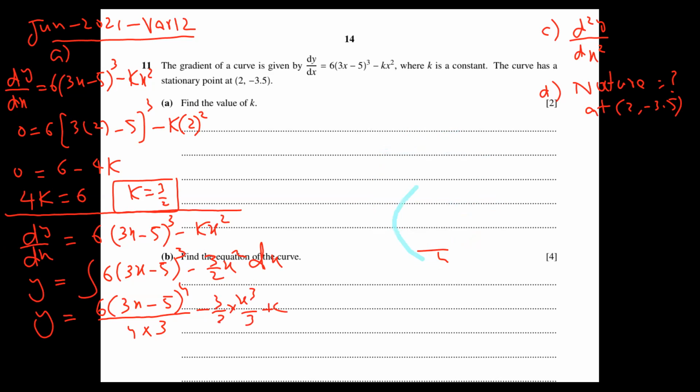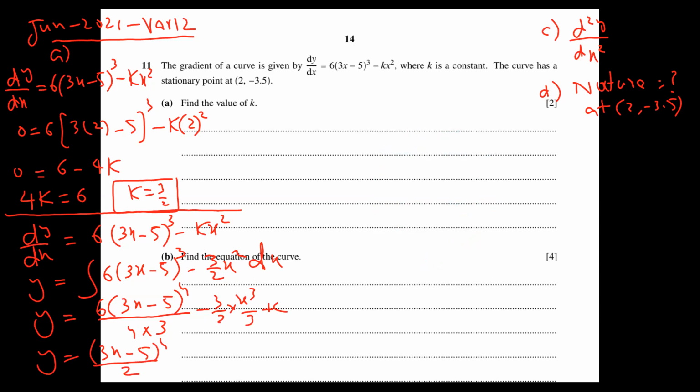So this 4, or you can say 3 1s are 3, 3 2s are 6, and 2 and 4 cancel out, so I got (3x minus 5) to the power 4 divided by 2.